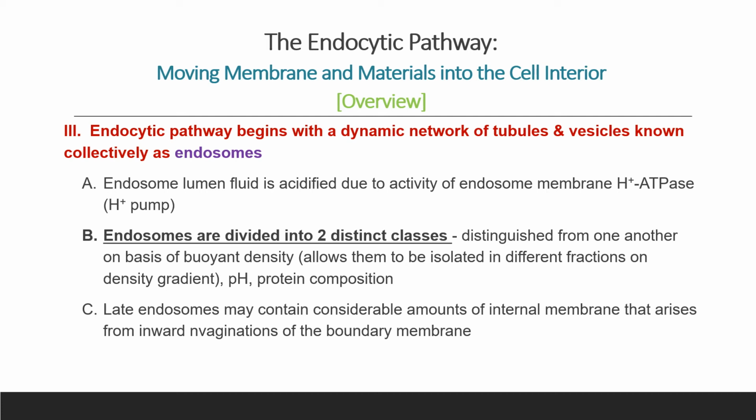They are distinguished from one another on the basis of buoyant density, which allows them to be isolated in different fractions on a density gradient, and of course the pH and the protein composition. Late endosomes may contain considerable amounts of internal membrane that arises from inward invaginations of the boundary membrane.